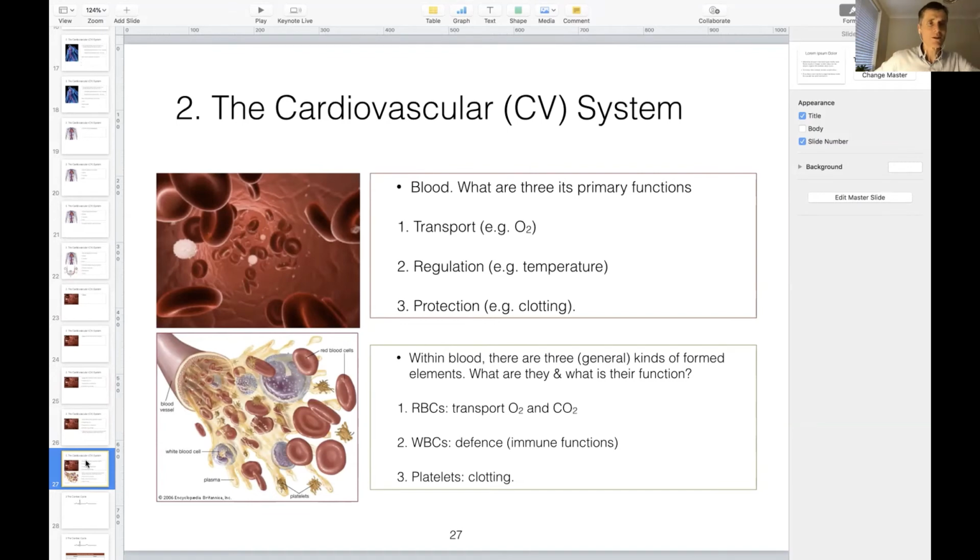I mean, hematology is a whole area of study itself, but it's important nonetheless to know the primary functions of these particular elements. So red blood cells obviously transport oxygen and carbon dioxide. White blood cells are an integral part of the immune function of the body. And platelets, their main role is in clotting.